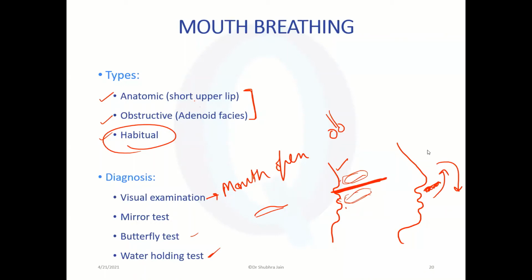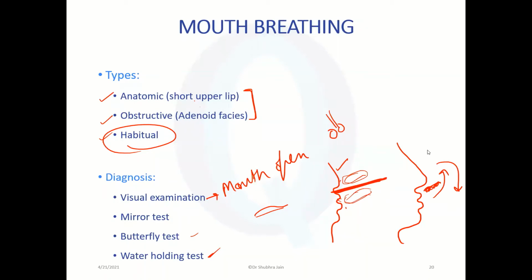You can use any test you want, but you will realize that these tests are only meant for letting you know that the patient is a mouth breather. A very experienced person does not need any test. He can just identify from your face that you're a mouth breather. And mouth breathers are very, very specific.